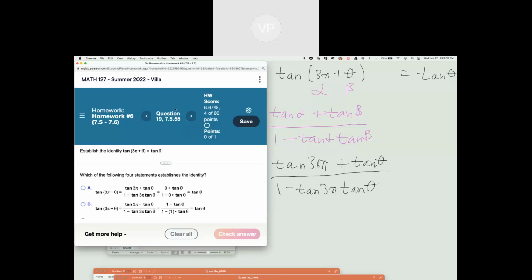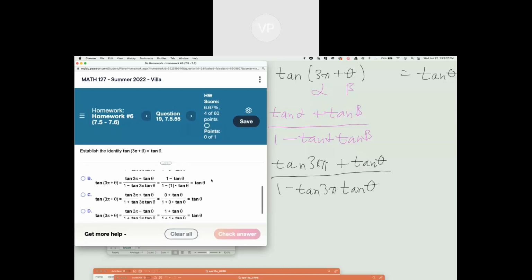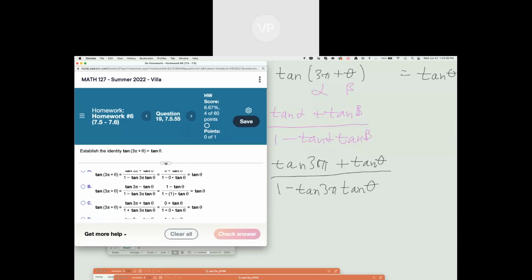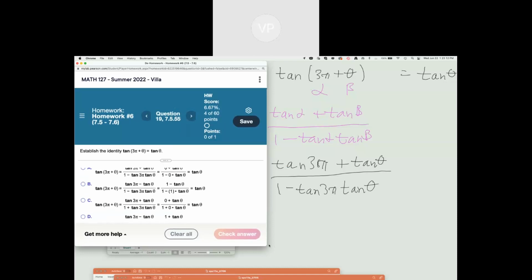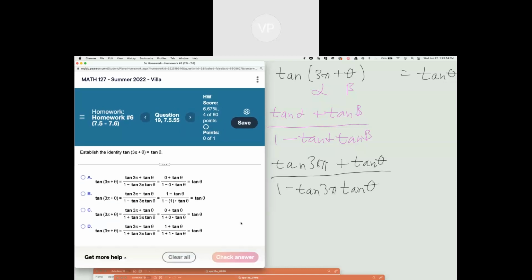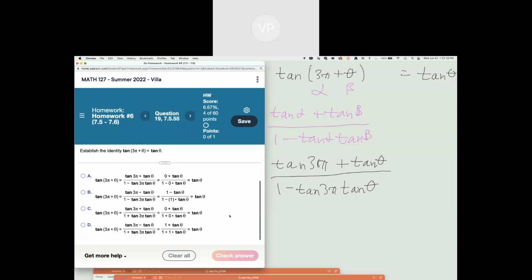If I scroll up and look at my answers, you can see the choices we have, and that's almost the first answer for each of these. Look at my A, B, C, D choices. Look at what I have right here: tangent of 3 pi plus tangent of alpha. That's good.